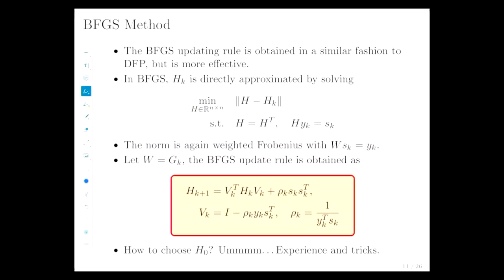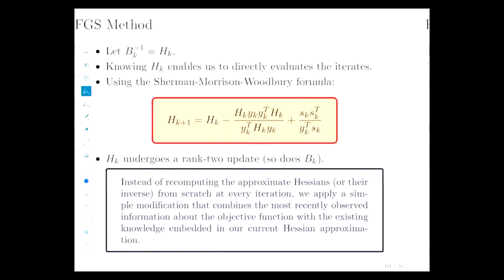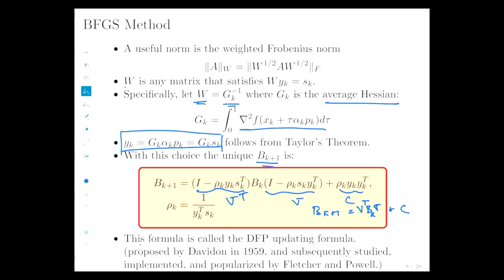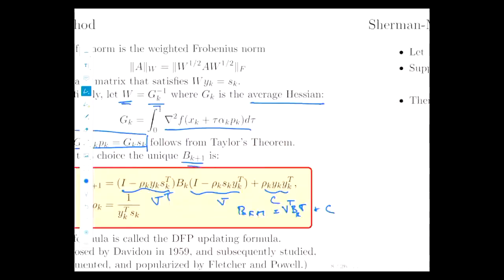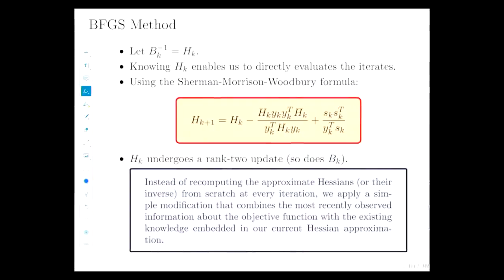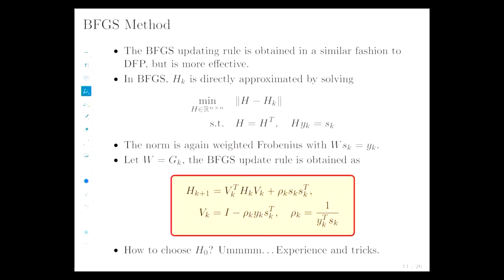Isn't that what we just did? We constructed the Hessian and then used this to invert it. So we might as well construct the inverse of the Hessian directly.